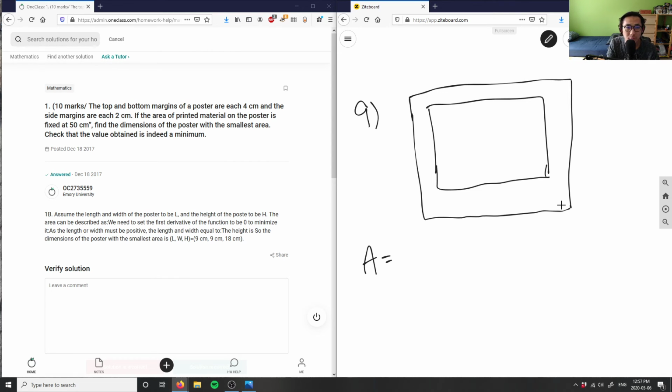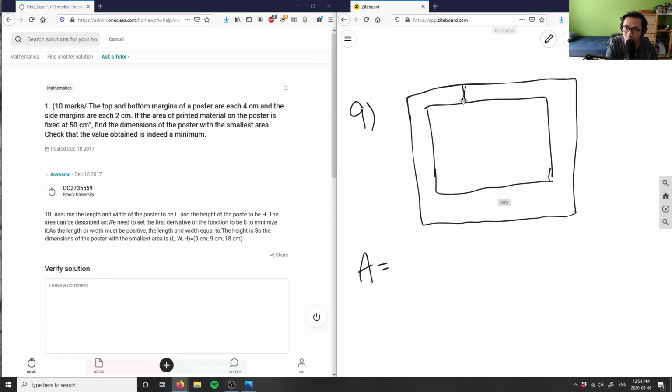The top and bottom margins are 4, and the side margins are 2.